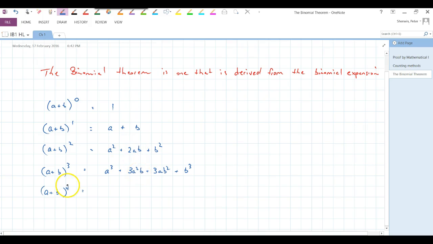What we do is take that and multiply it by another a plus b and do all this, and you end up with a to the power of 4 plus 4a cubed b plus 6a squared b squared plus 4ab cubed plus b to the power of 4.